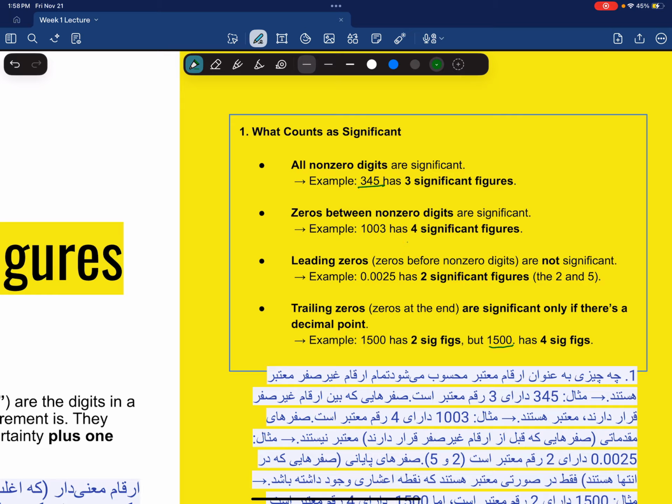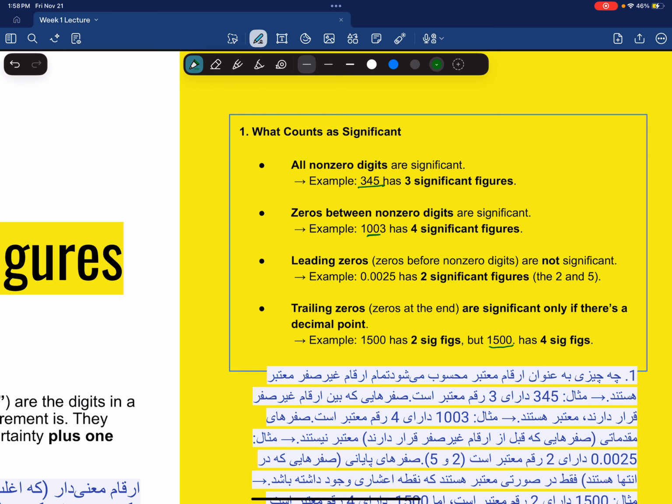And then the next rule is if you have non-zero digits surrounding zeros in the middle, the zeros are going to be significant as well. So like 1, 0, 0, 3. These two zeros surrounded by 1 and 3 are going to be significant because they're in the middle of non-zero digits.